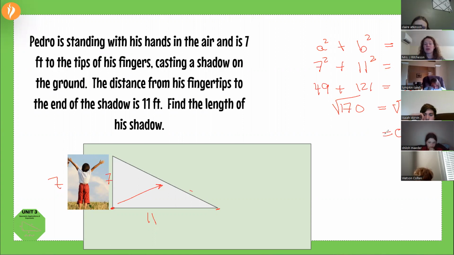What is the square root of 170? Thank you, Colton. Anyone else know the answer? The square root of 170. We're using our calculators. We'll round to the nearest hundredths.